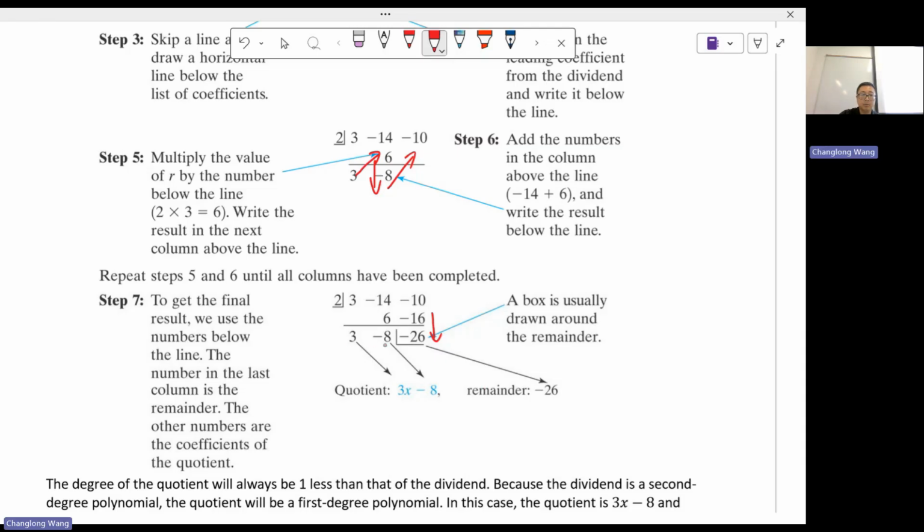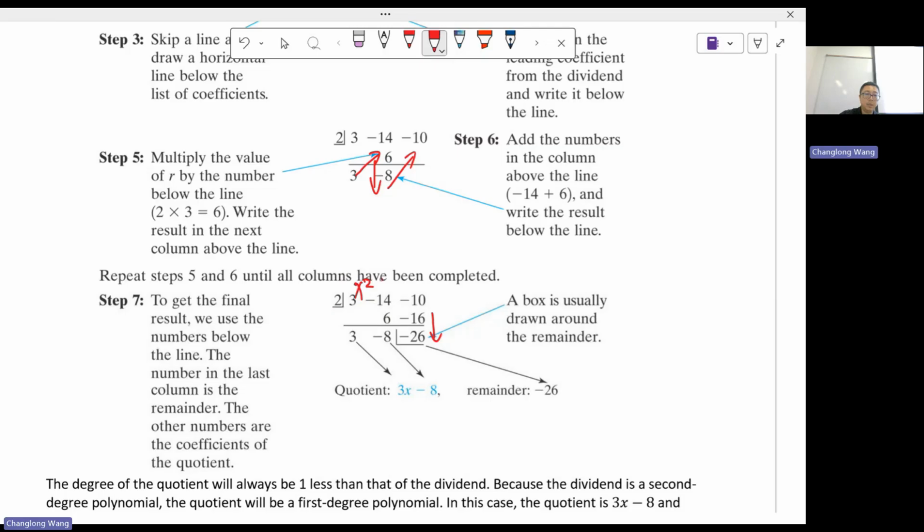And of course, these numbers are the coefficients of the quotient. But to recover what the quotient is, you need to put the x back in. The way to do that is, please remember that the dividend starts with x to the second power, and the divisor is degree 1.